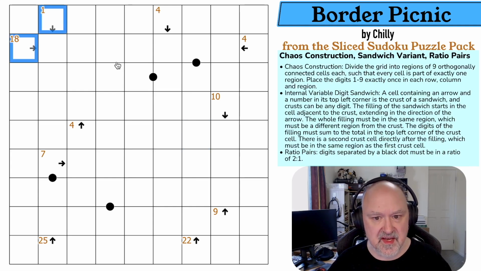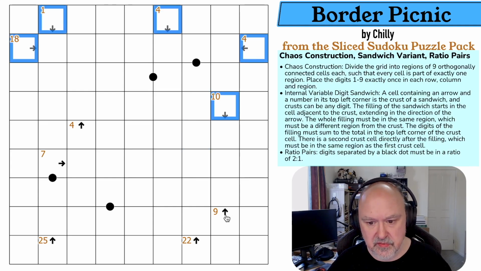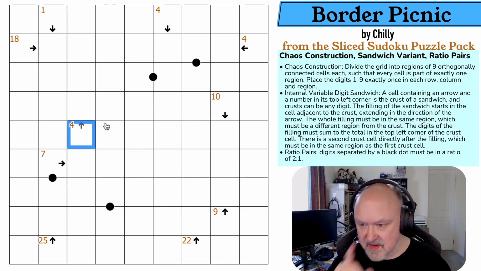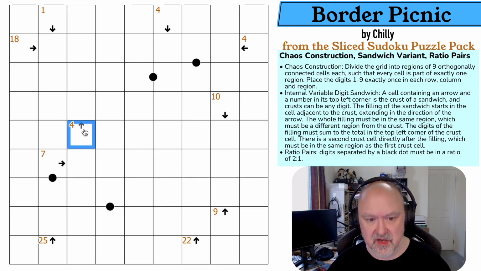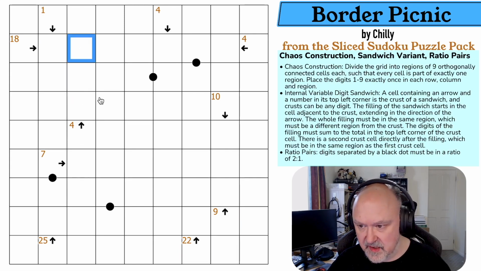So all of these are crusts of sandwiches, and the crusts could be any digit, but the sandwich will extend in the direction of the arrows. So this will be crust, then there will be a sandwich summing to 4, and then there will be another crust. Okay. The whole filling must be in the same region, which must be a different region from the crust.